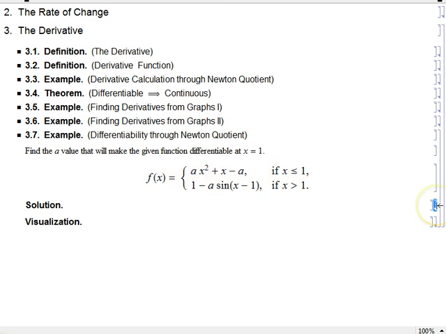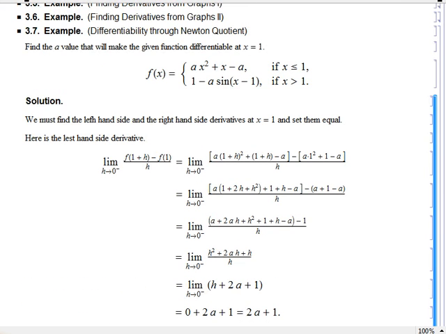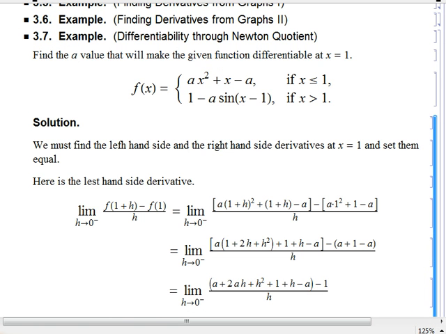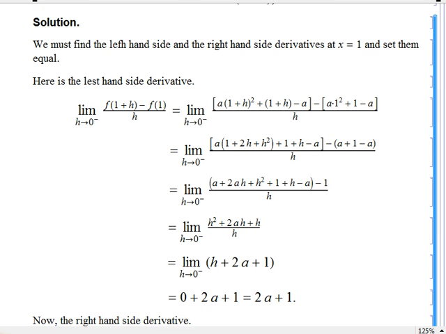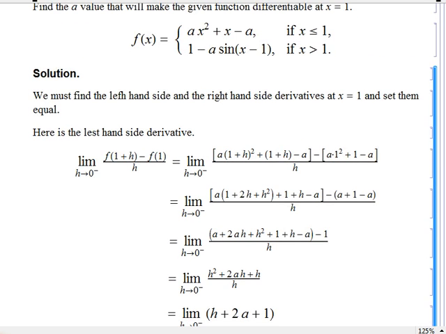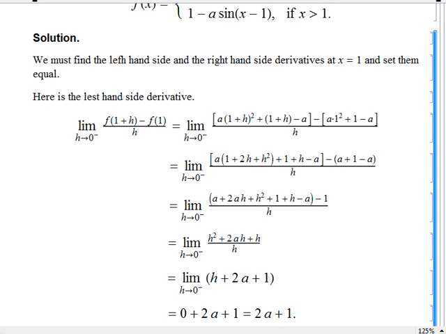Let's go. Let's calculate the left-hand side derivative. Maybe we should increase the font again. We have to look at this Newton quotient a little bit more carefully. Okay, here we go. Get the Newton quotient, f of 1 plus h minus f of 1 over h.